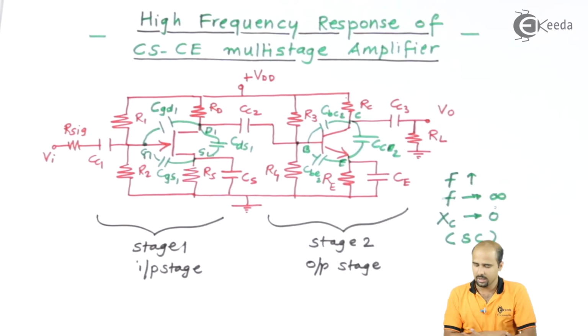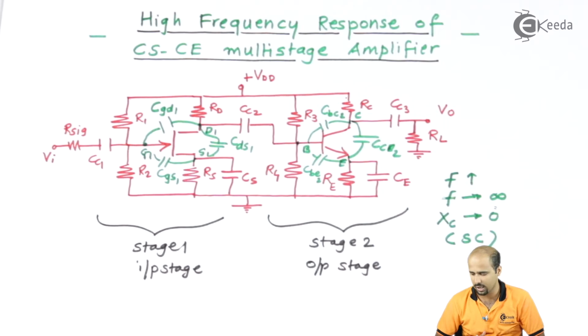If I say that all the capacitances are getting short circuited, then what will be the effect? Then all the terminals will get shorted, and that is not desirable as far as this multistage amplifier operation is concerned. So we have to determine up to what frequency we can operate this circuit as a multistage amplifier which will give you a considerably high amount of gain.